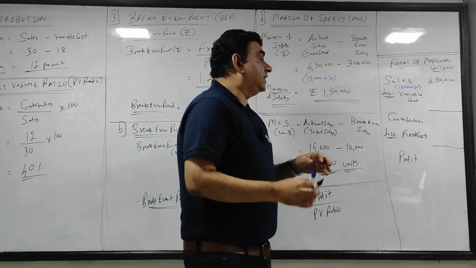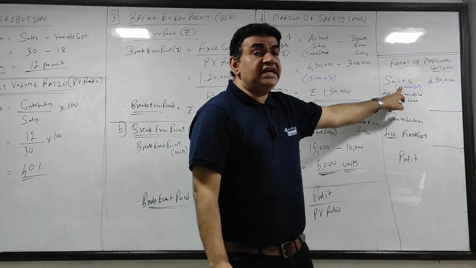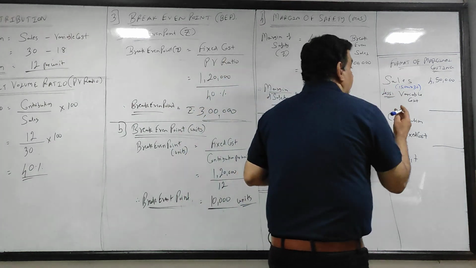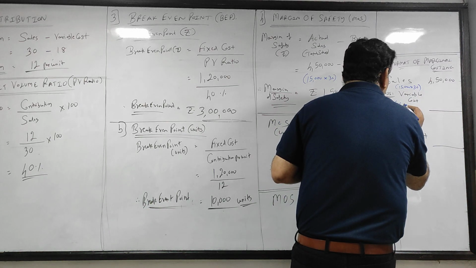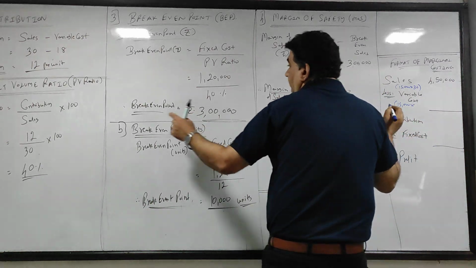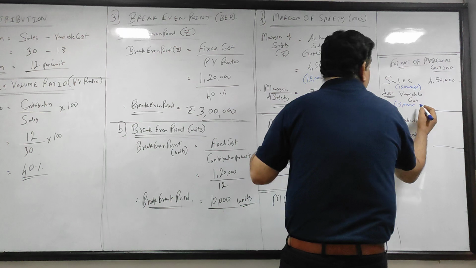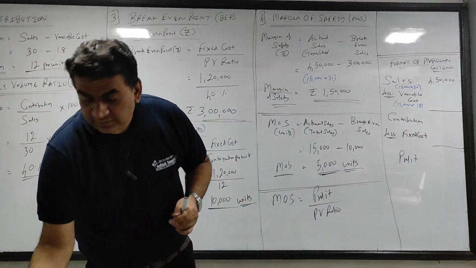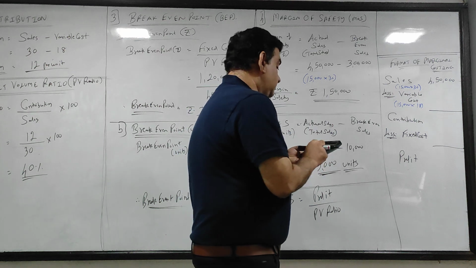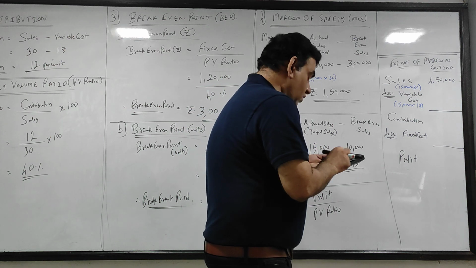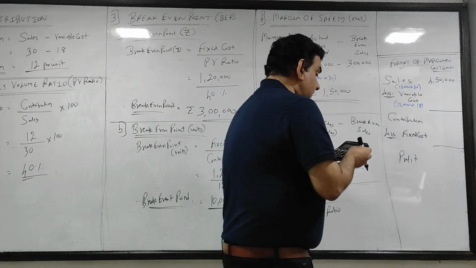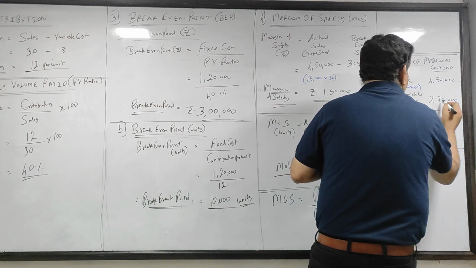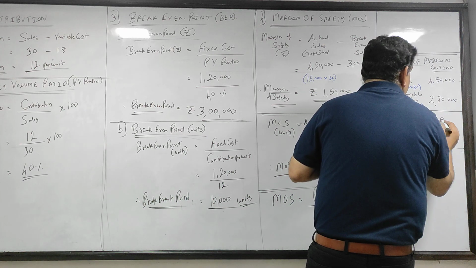Now this is very careful. अगर sales 15,000 है तो मेरा variable cost 15,000 units होना चाहिए. So units of variable cost also has to be 15,000. What is my variable cost per unit? 15. So 15,000 into 18 gives me 2,70,000.